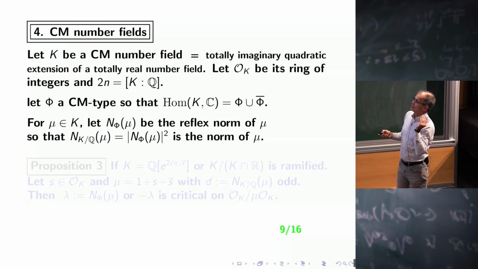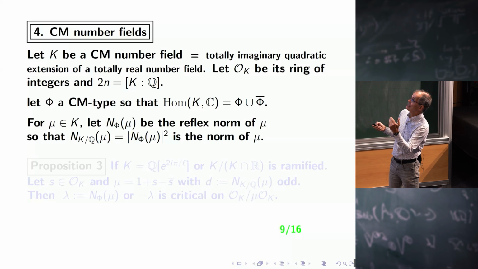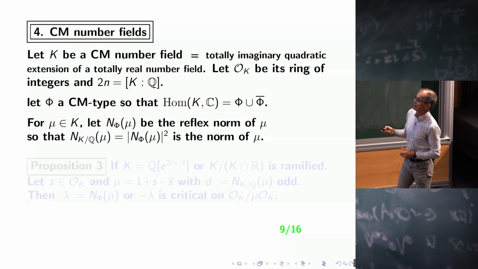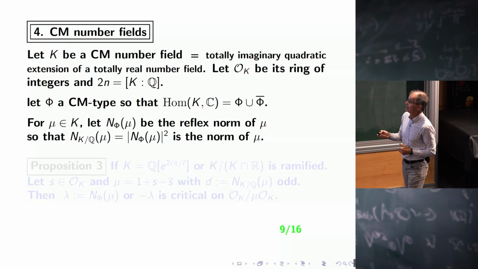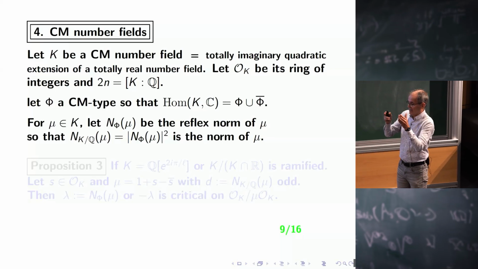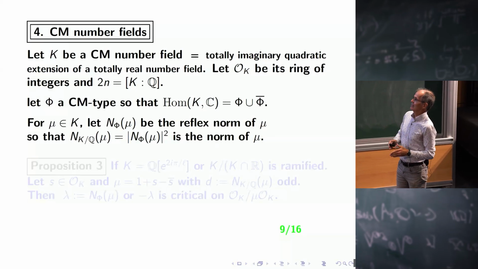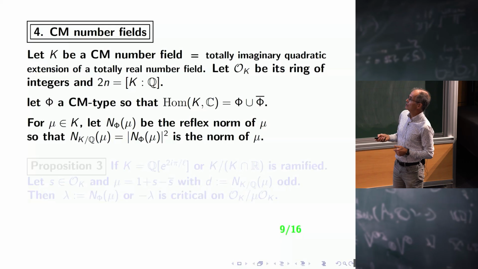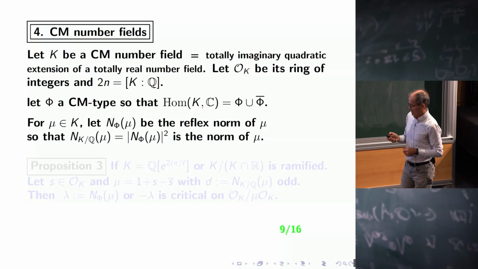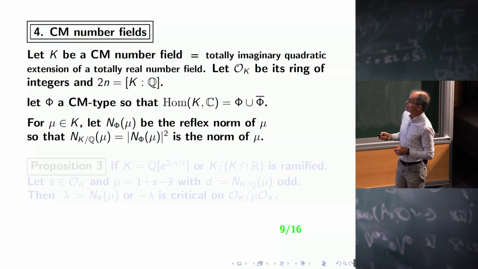And this allows us to define the reflex norm, which is a product of the images of mu by all the embeddings chosen by this CM type. So it's just half of the usual norm, and the usual norm is the square of the absolute value of the reflex norm. Okay. And then in this setting, you have this very nice formulation.